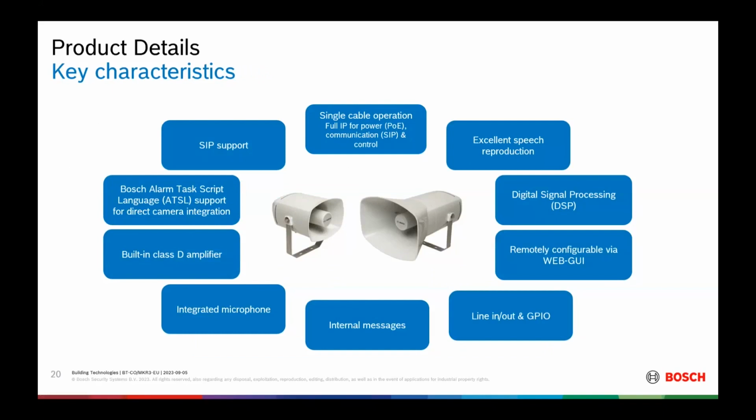We have an internal message storage and player, a GPIO for control input and output, and line in and line out audio connections. Direct Bosch camera integration is possible with the Alarm TOS script language. Announcements from a SIP-based system with talkback are also possible.